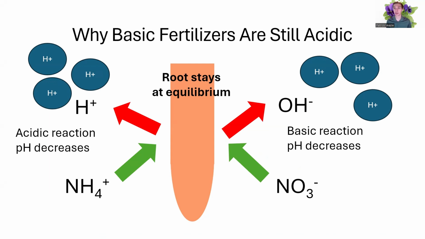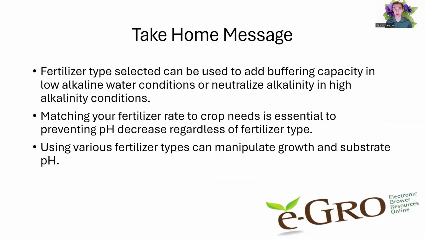So you are not outcompeting the reaction that's occurring. You're just adding a lot of extra hydrogens, which are driving down your pH. So matching your fertility rate to the plant's needs is critical in order to really prevent that pH drop, even when using a basic or neutral fertilizer.